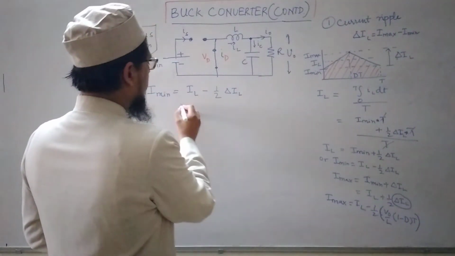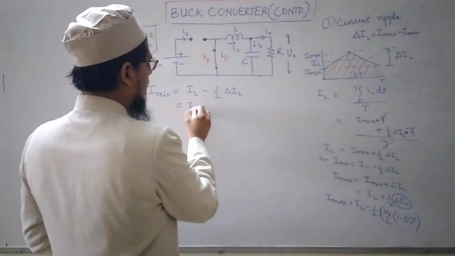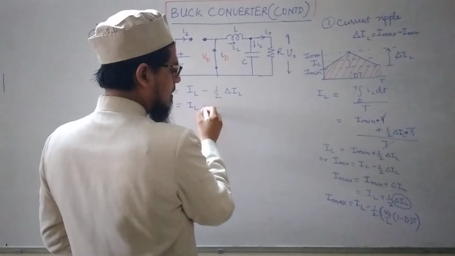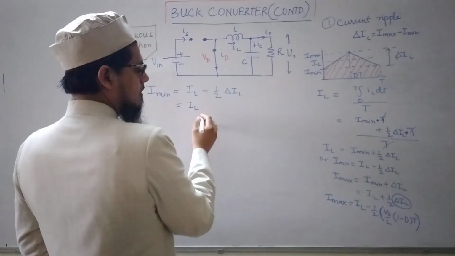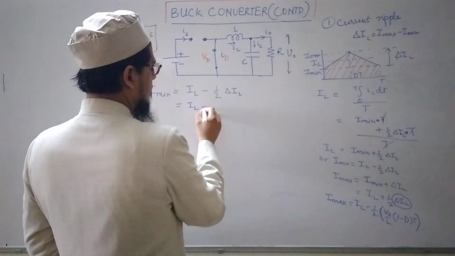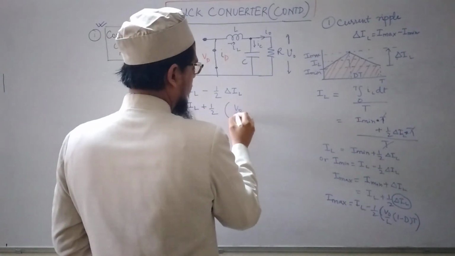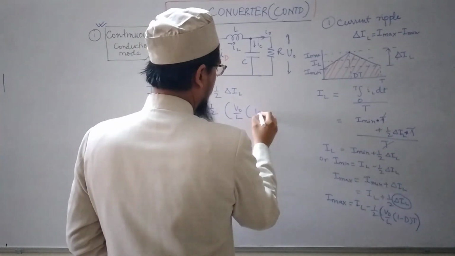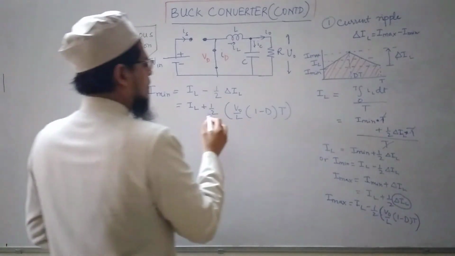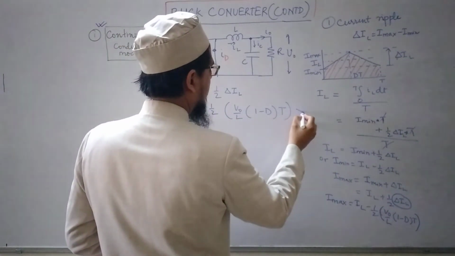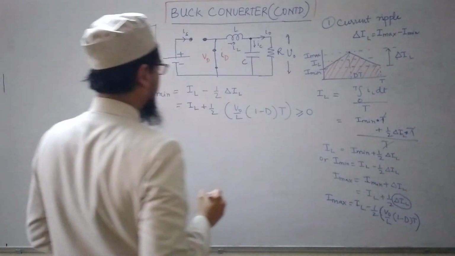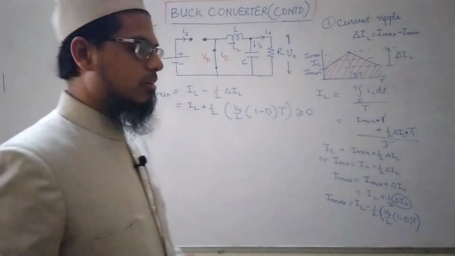So this is equal to IL, then if I put from here, I get plus half V naught by L and (1 minus D) into T. Okay, so this has to be greater than or equal to 0.